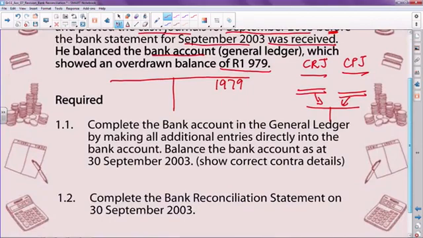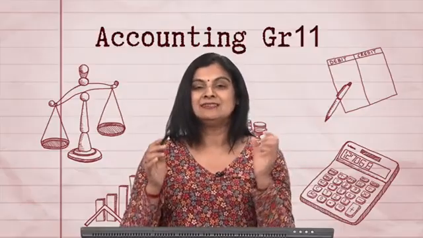Okay, right, let's look at what is required from us. We are required to complete the bank account in the general ledger by making all additional entries directly into the bank account. So in other words, we now need to complete the bank account. We don't have a CRJ, CPJ to complete, so we need to show all the additional entries directly in the bank account in the general ledger.